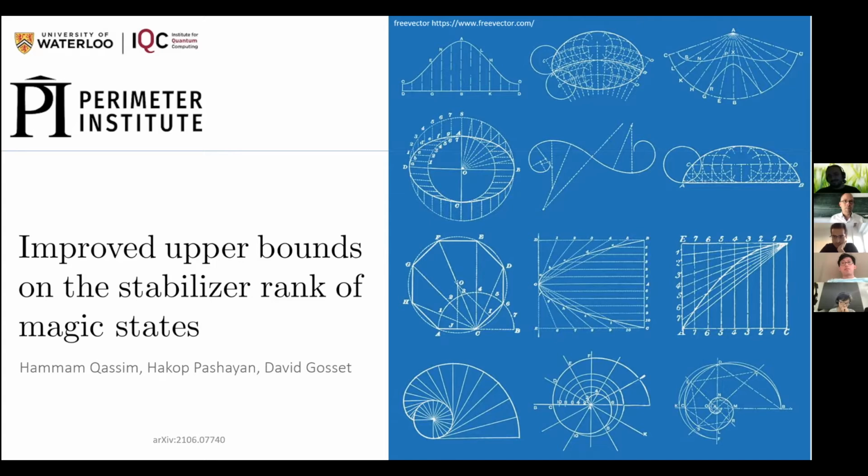Later he moved to PI in Canada, and today he will speak about a sophisticated topic that's close to our hearts. Maybe when he speaks about improved upper bounds on the stabilizer rank of magic states, that's related actually to the strong simulation of Clifford dominated quantum circuits in the first place.